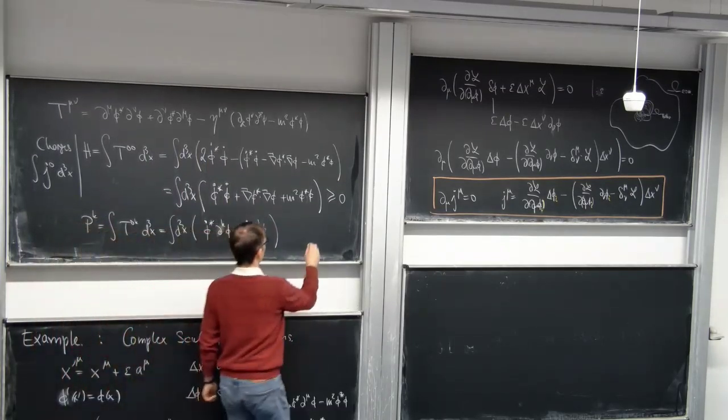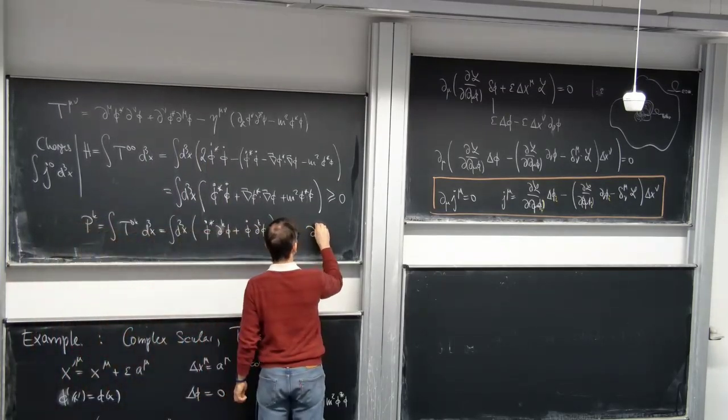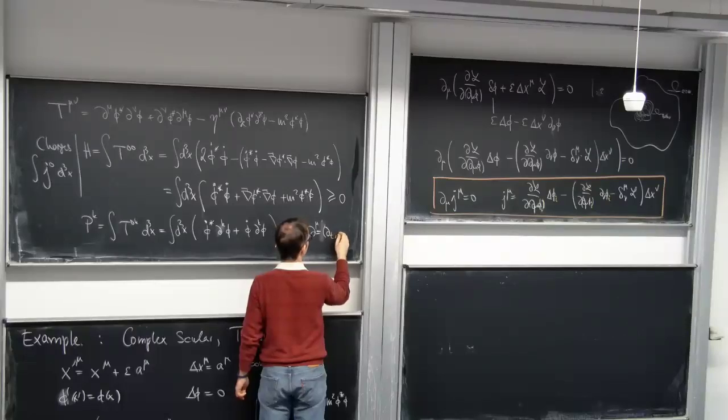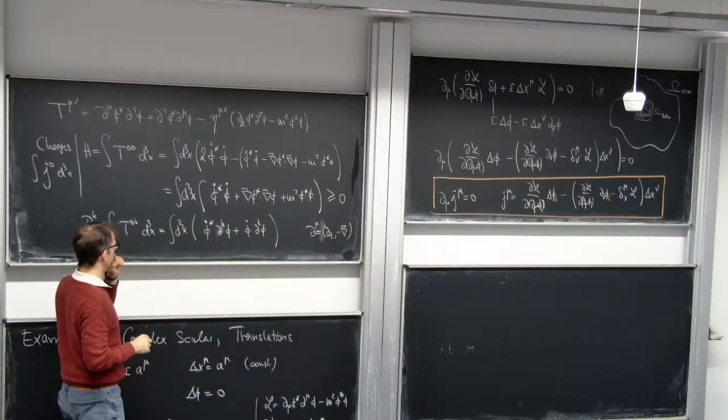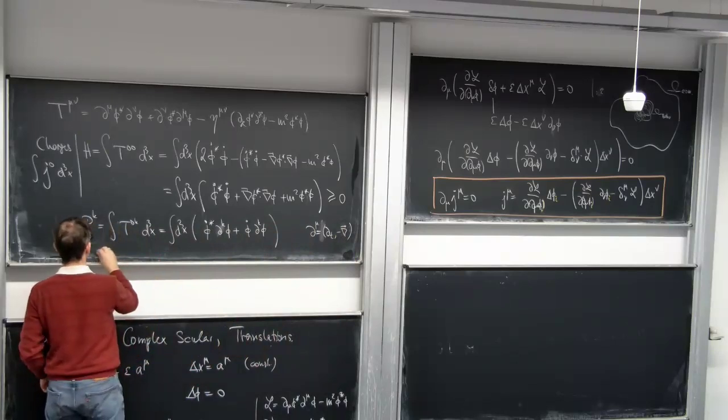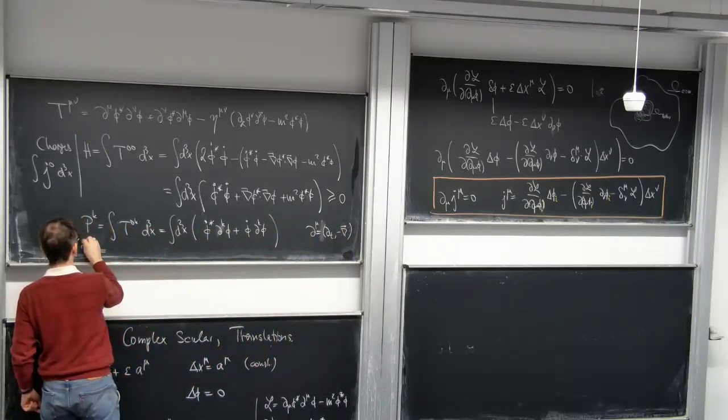If you remember that d with the upper index mu was d_t and minus the gradient, then we end up with the vector p.